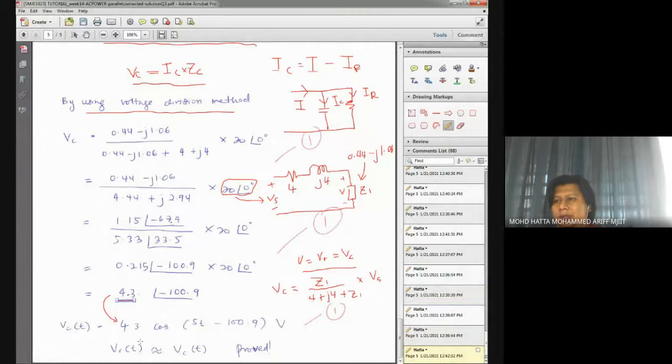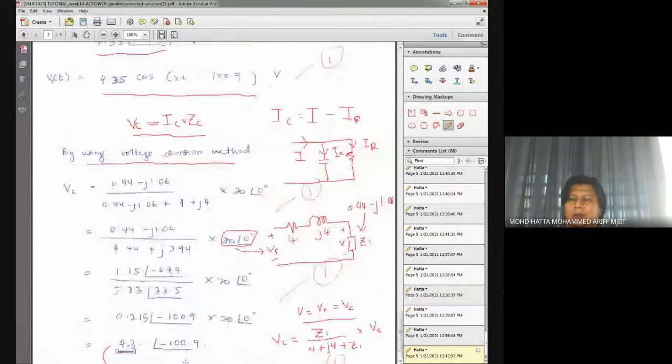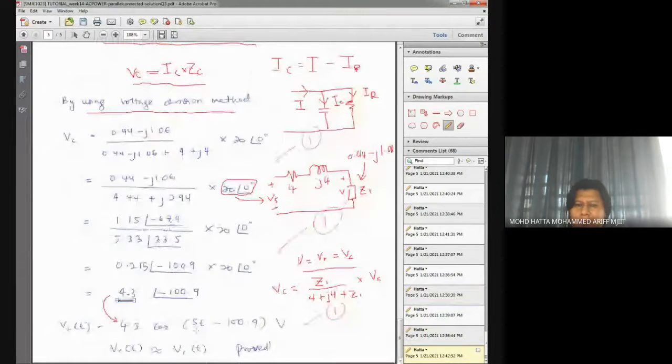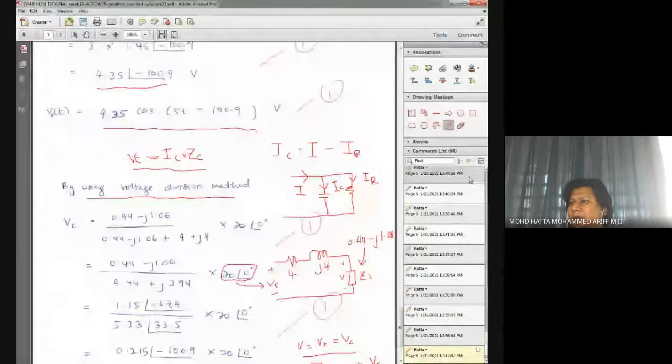And you see here the voltage VR of t and VC of t is the same value. So this is how we prove that one. But this is one way. The other way that I'm suggesting is that we can also use this strategy as well. It depends on which one you prefer.